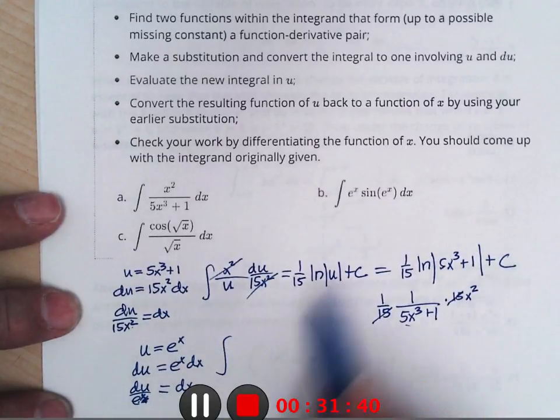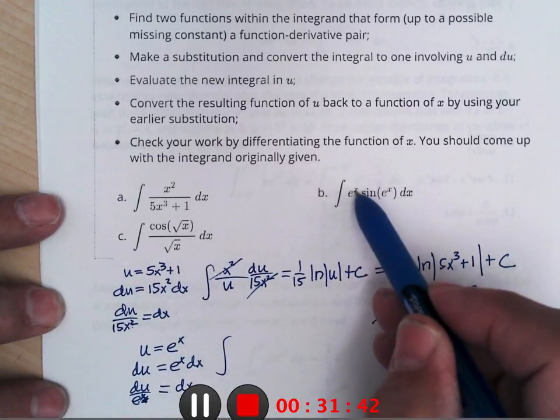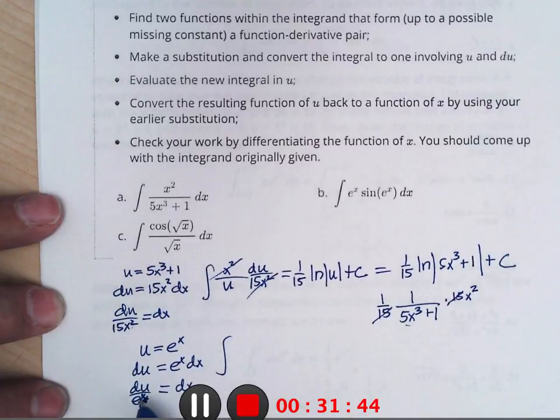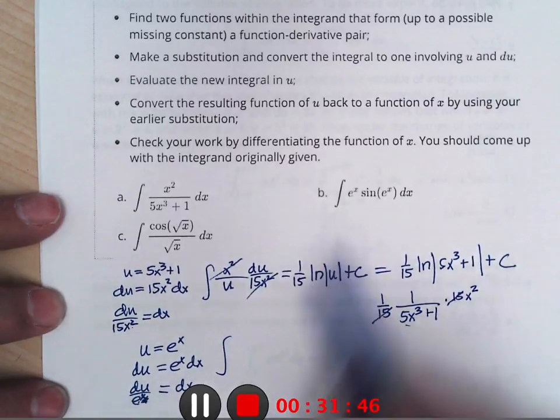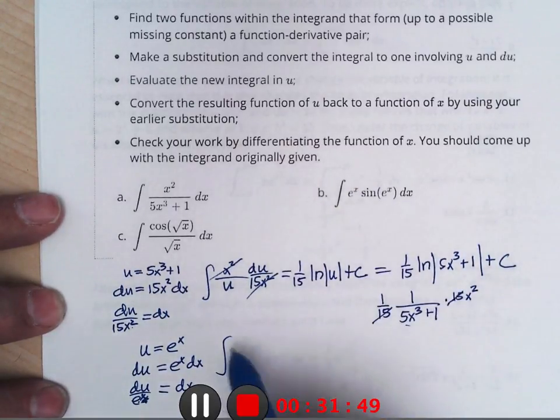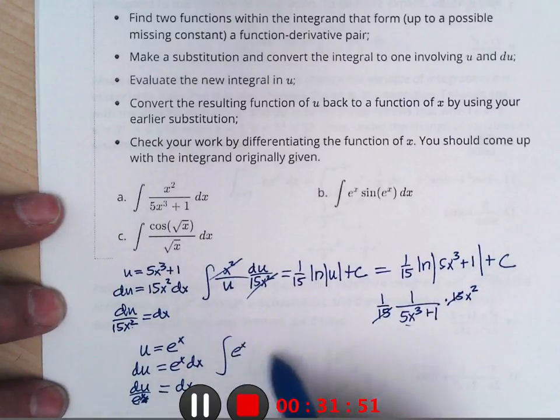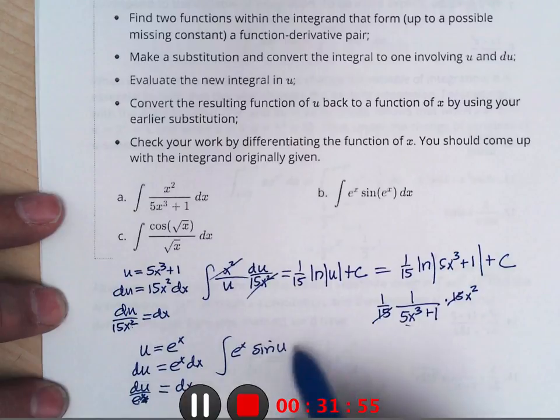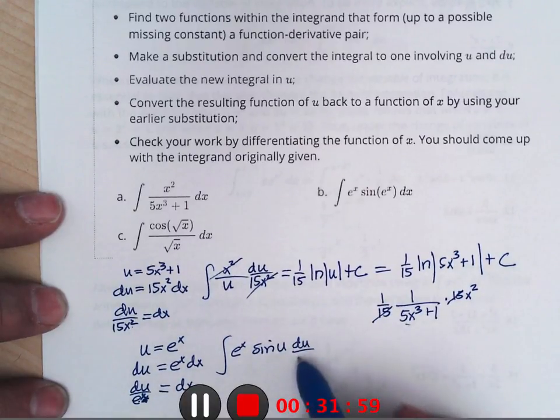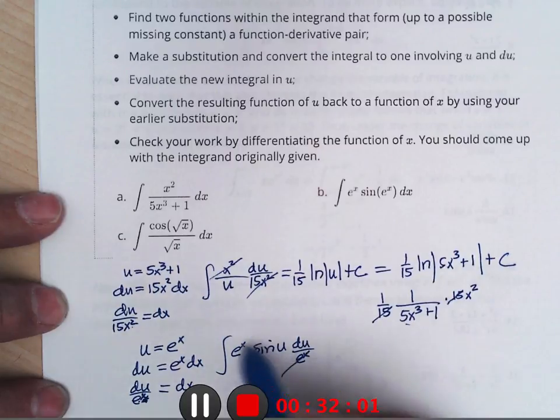Now I could call that u. That is what u is, so I'm going to get du over u. It's still going to cancel, so I can either leave it e to the x or call it u. They both cancel.